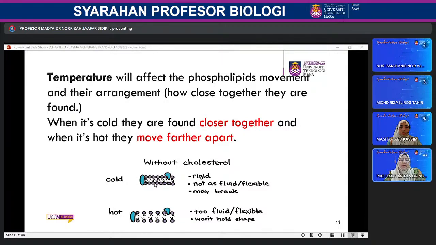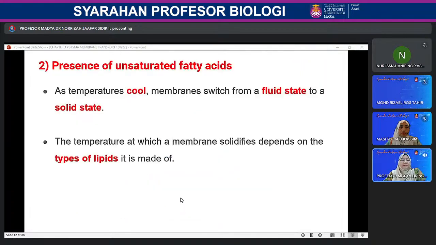Whereas in a hot temperature, you can see in the diagram, the phospholipid arrangement is further apart. So this second factor is the presence of unsaturated fatty acids.